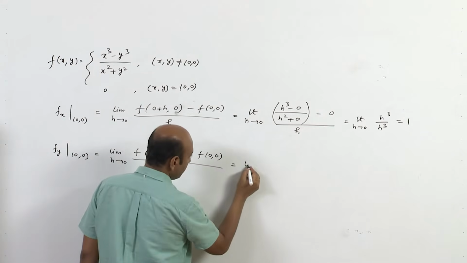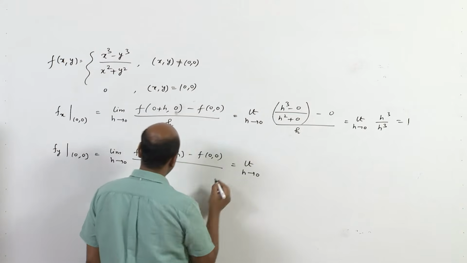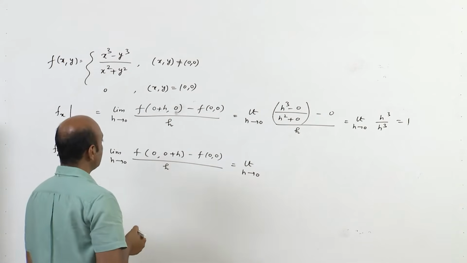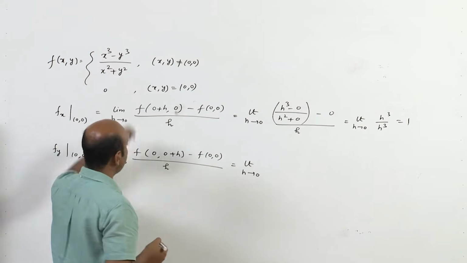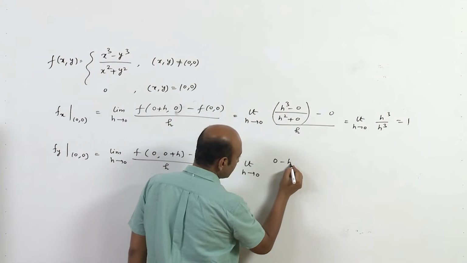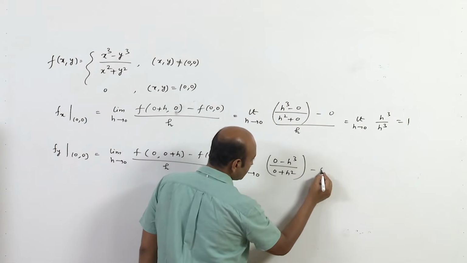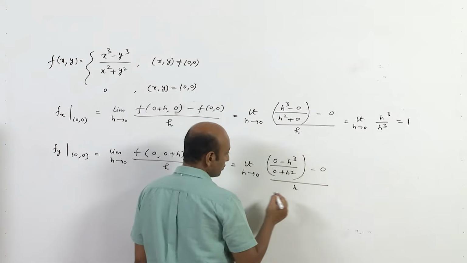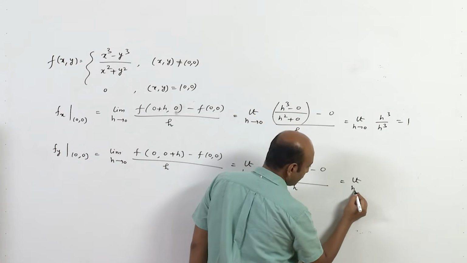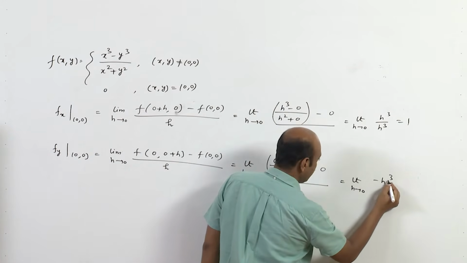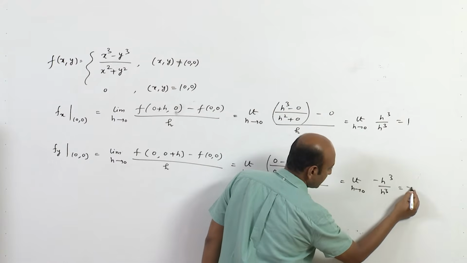This is limit h tending to 0 f(0, h). Now, you replace x by 0 and y by h; it is 0 minus h cube upon 0 plus h square, minus 0, upon h. So, this will be limit h tending to 0 minus h cube upon h cube, which is minus 1.